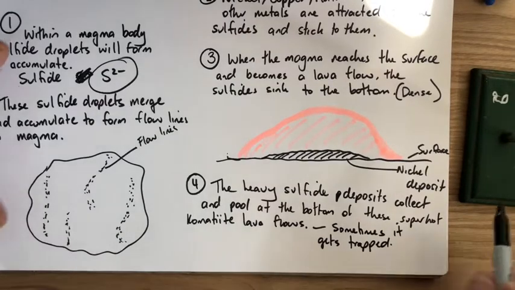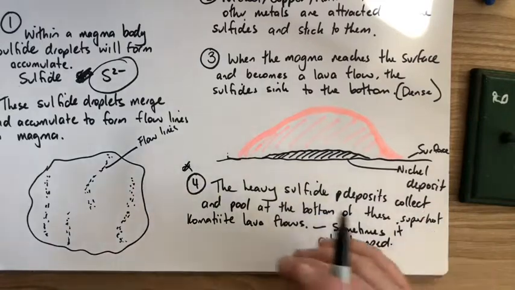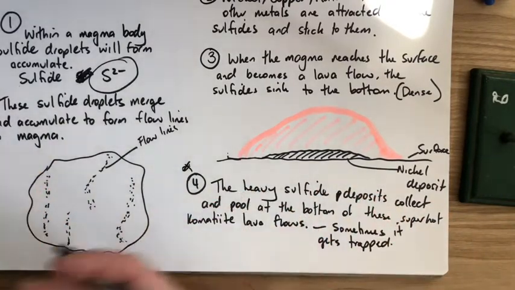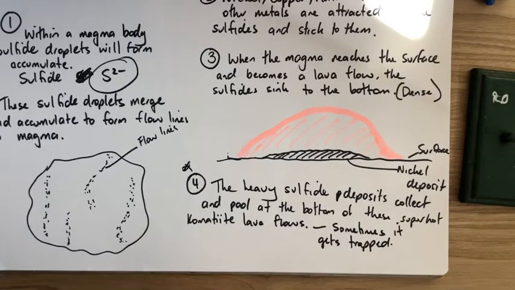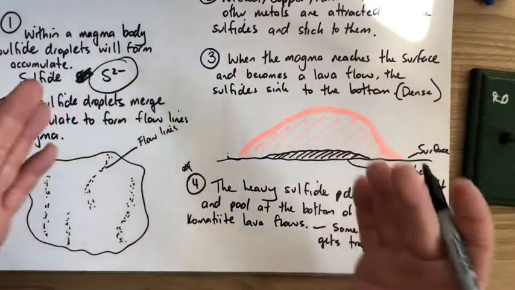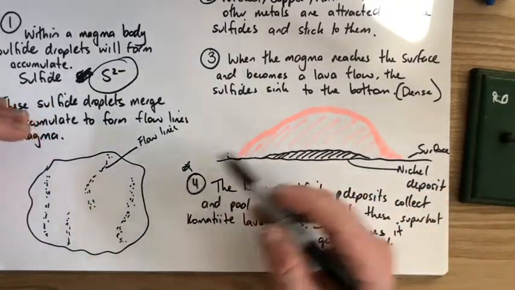So what's interesting about this point here is just like rivers that flow and rivers cut channels, these lava flows will flow, and what will happen is a lot of the heavier deposits will get trapped at the very bottom of these flow lines and will often form in channels.